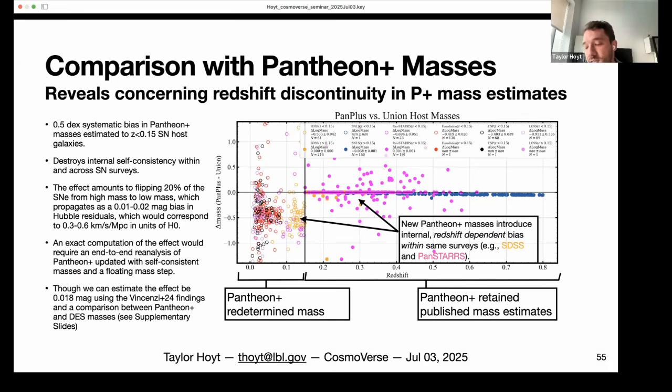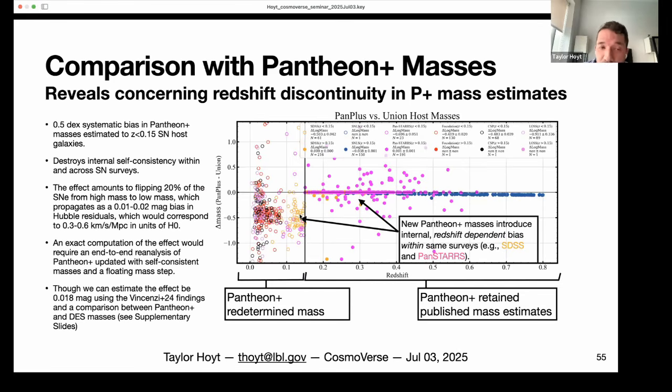The effect, if we actually just integrate over the Hubble diagram, amounts to flipping 20% of supernovae from high to low mass, which propagates as about a 1 to 200th of magnitude bias in Hubble residuals, which would correspond to about 0.3 to 0.6 kilometers per second in units of H naught.